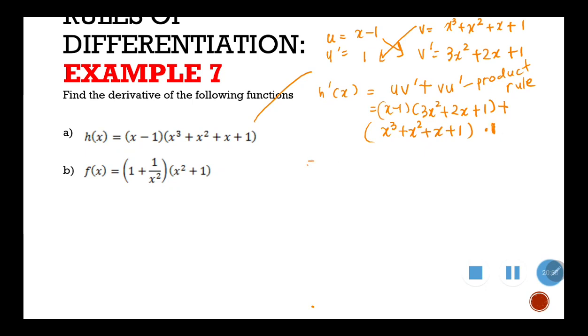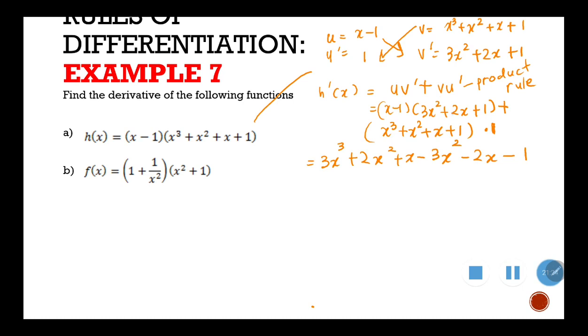So multiply 1 by 1, you should get this, plus 2x square plus x minus 3x square minus 2x minus 1.